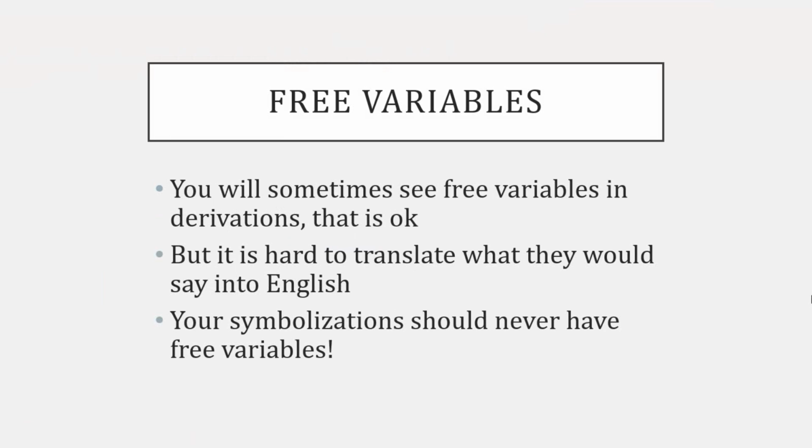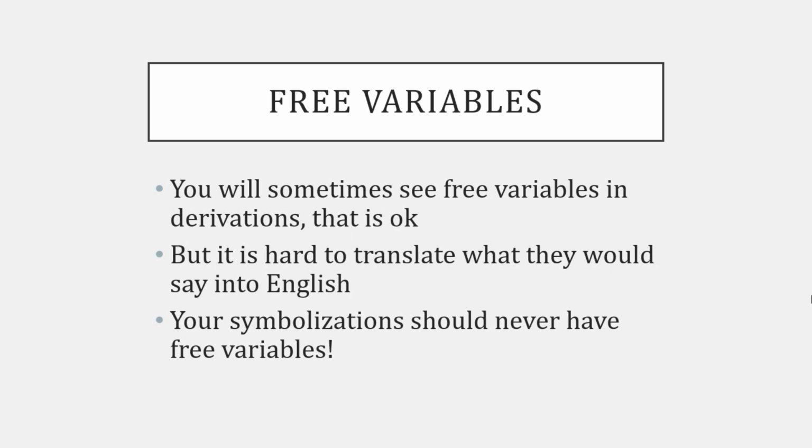Yeah, I said this already. It's not that free variables are verboten in logic. They will turn up in your symbolizations from time to time. But that's okay, because you don't have to try to read out your symbolizations or make sense of what they're saying. In fact, it's probably better if you don't. Your humanity and understanding is slowing you down. But when you're symbolizing, you are trying to make sense of something.